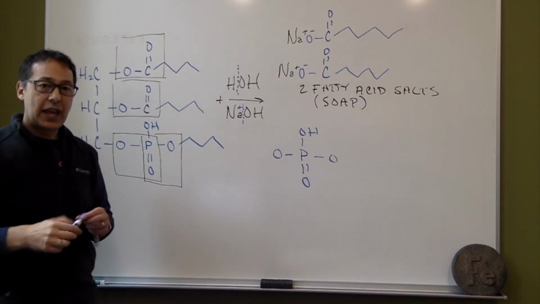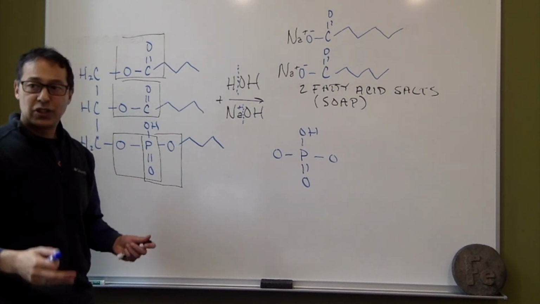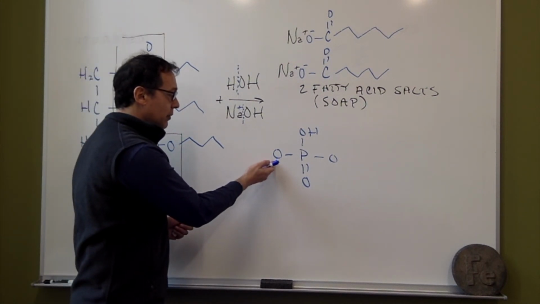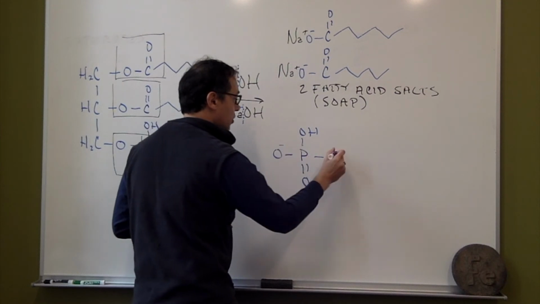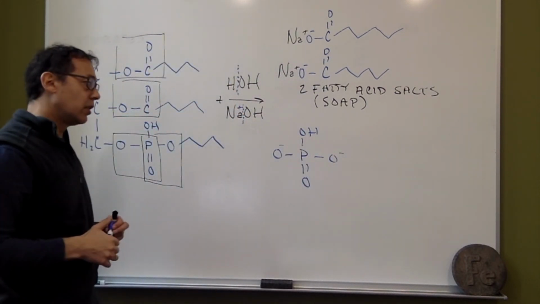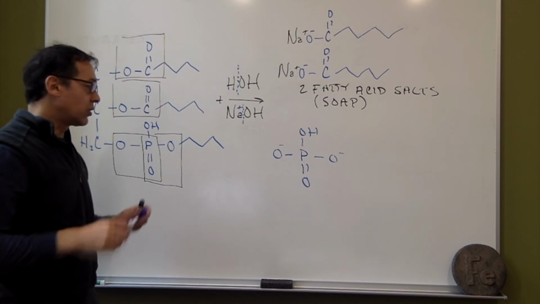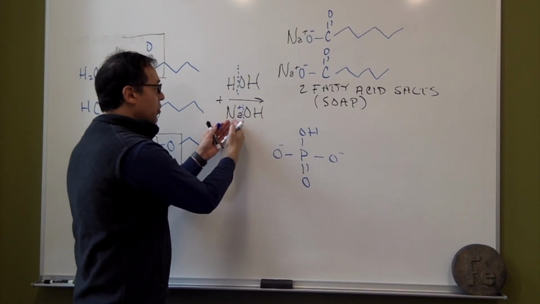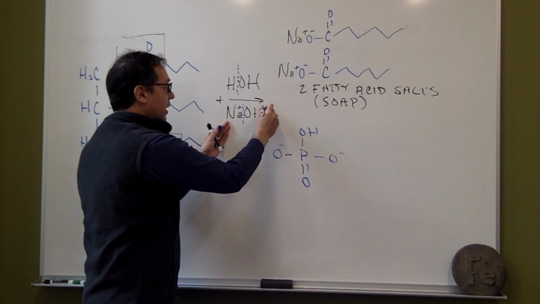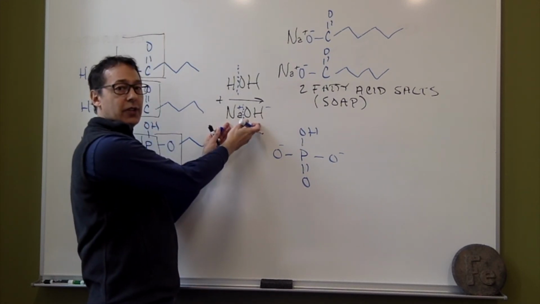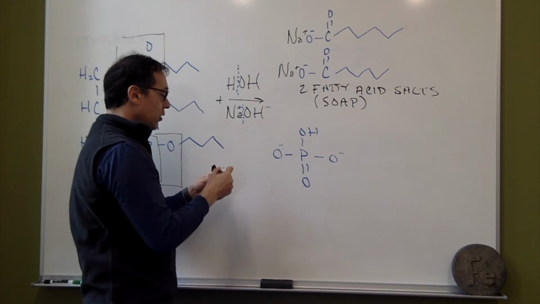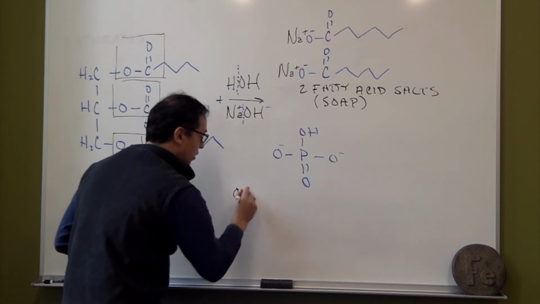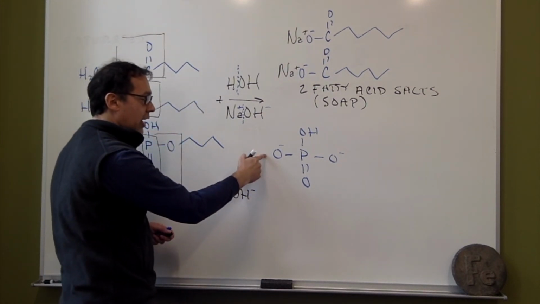Now under very basic conditions like this, the hydrogens do not end up getting attached. And so we end up with these just being like that. And you might be going, what? What's up with that? Here's the deal. When we pulled this apart, we ended up with sodiums going up here, and then we ended up with excess hydroxides, excess OHs. Those excess OHs would take the hydrogen from here.